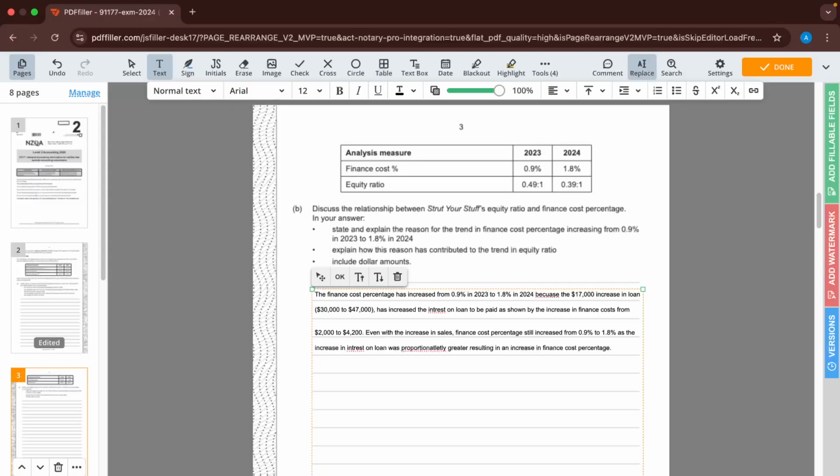So what we'd maybe say is, the increase in loan from 30,000 to 47,000 in SYS, short for Strut Your Stuff loan.